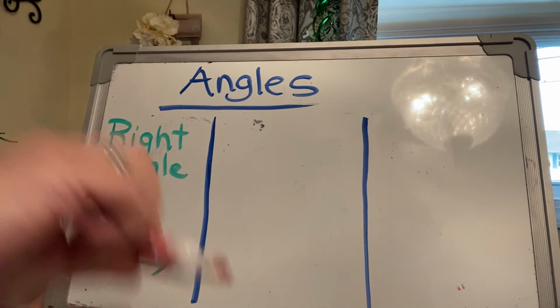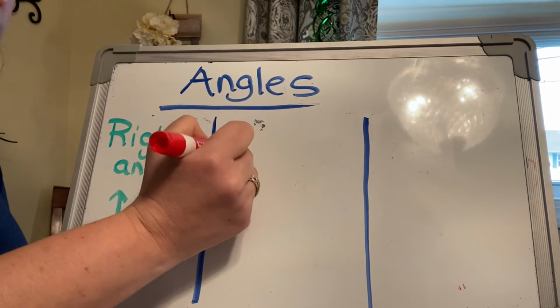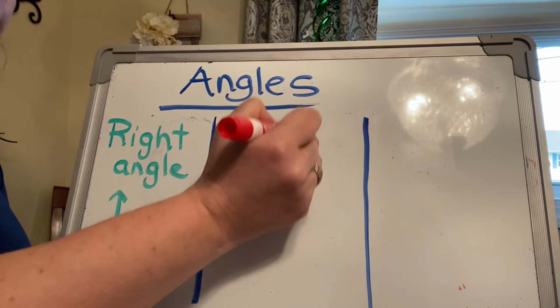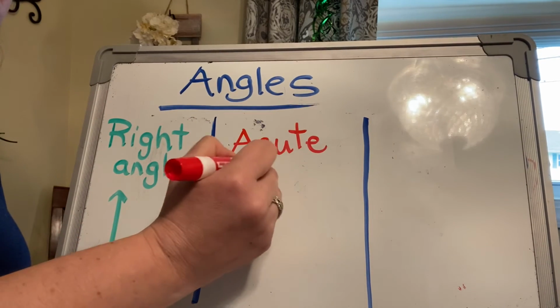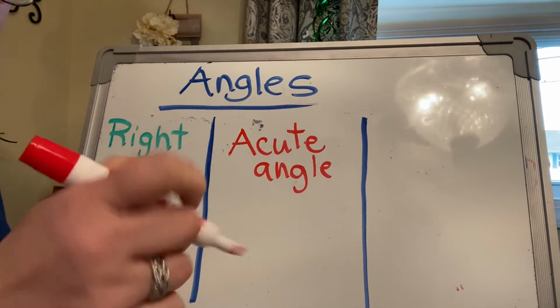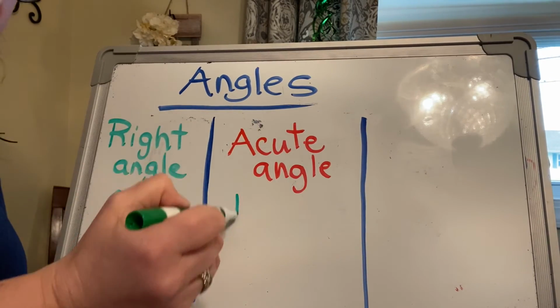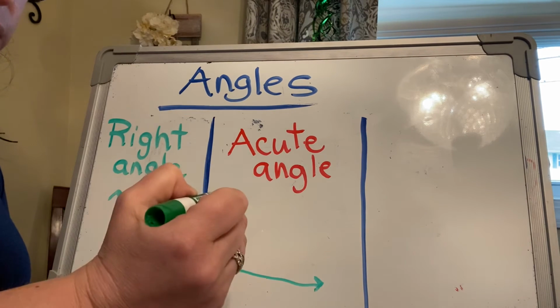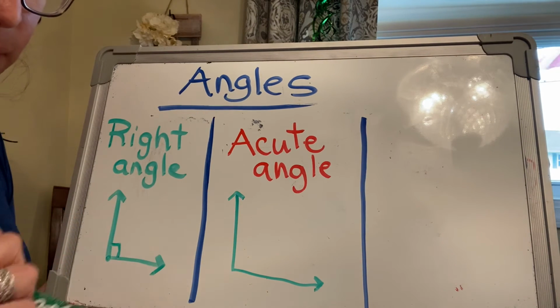The next one is an acute angle. An acute angle is an angle that would actually fit inside of a right angle. It's smaller than a right angle. So I'm going to draw a right angle.